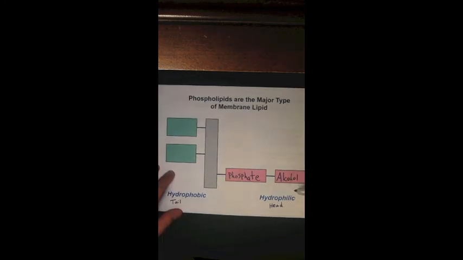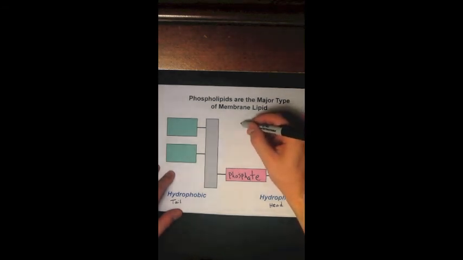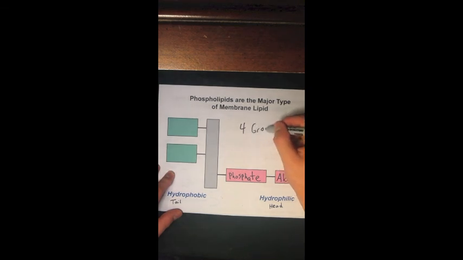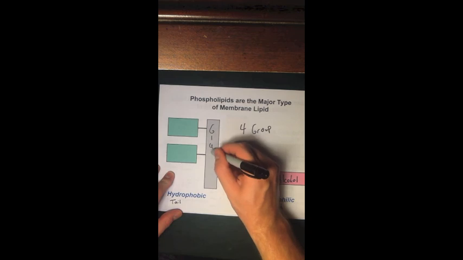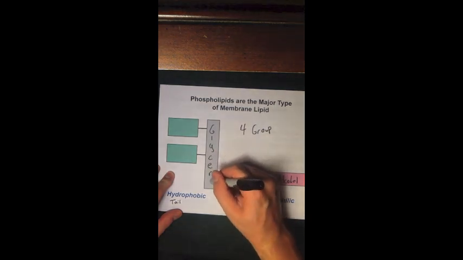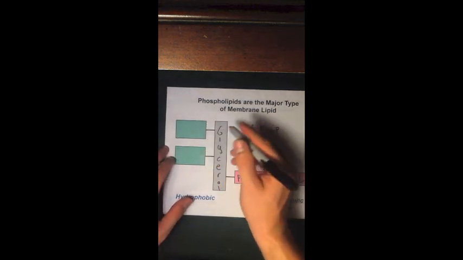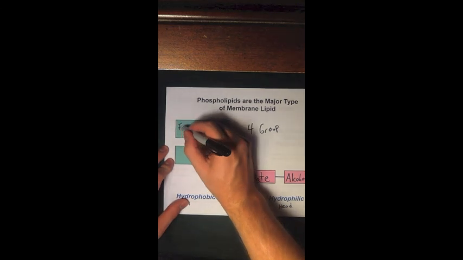This phosphate and alcohol make up the hydrophilic head group, or the polar group. And so, like I said, there are four groups. This gray backbone here is glycerol, and these two green boxes are fatty acids.